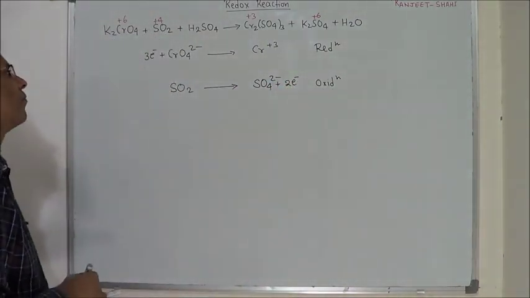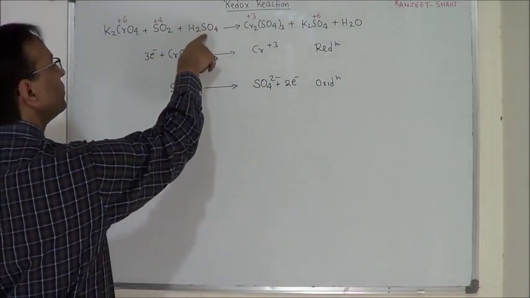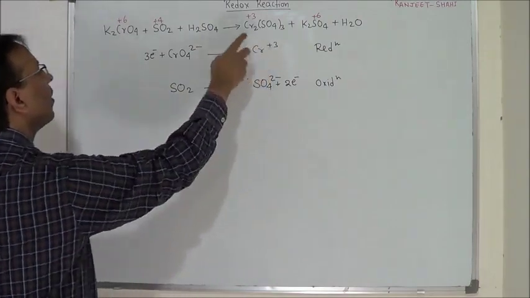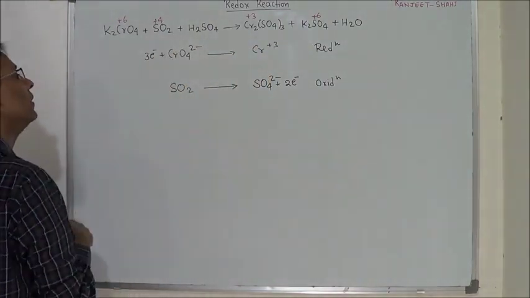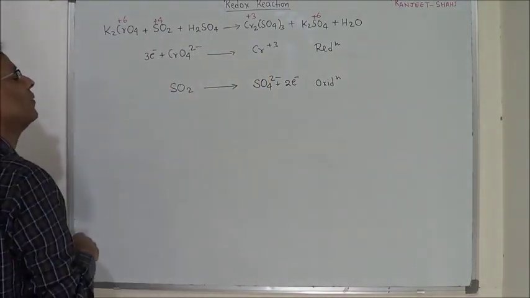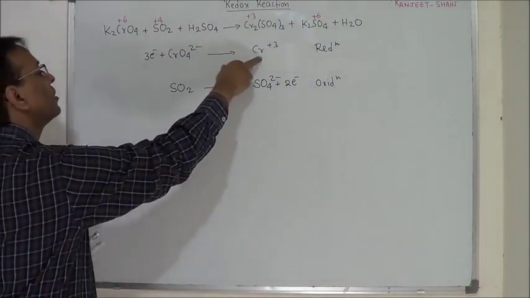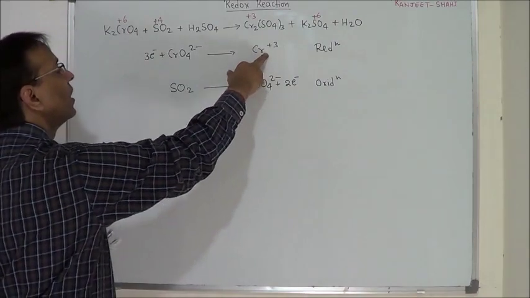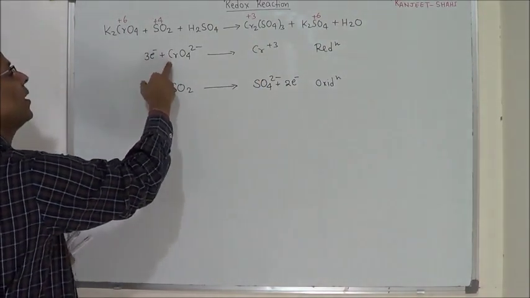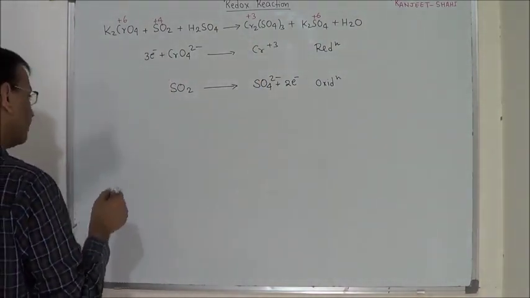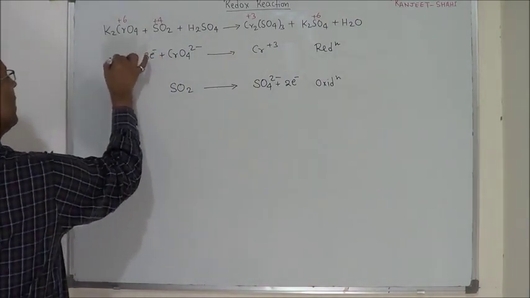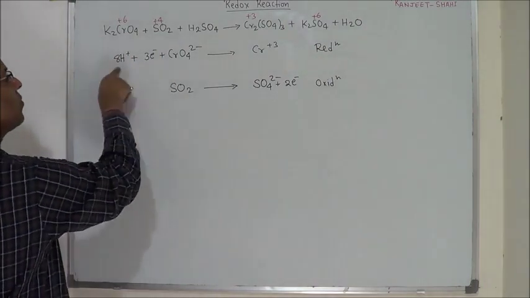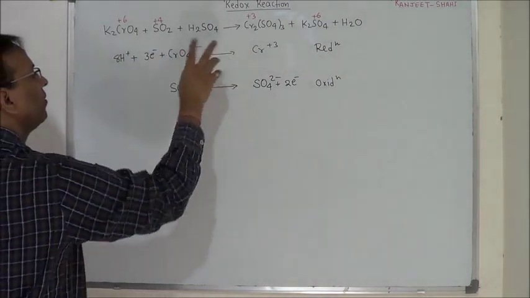Charge balance, again acidic medium. So charge +3, -5, -3 -2 -5, -5 +3, higher charge +3. -5 how can become +3? By adding 8. So 8 hydrogen ion. Now charge is balanced. -5 +8 +3 +3.